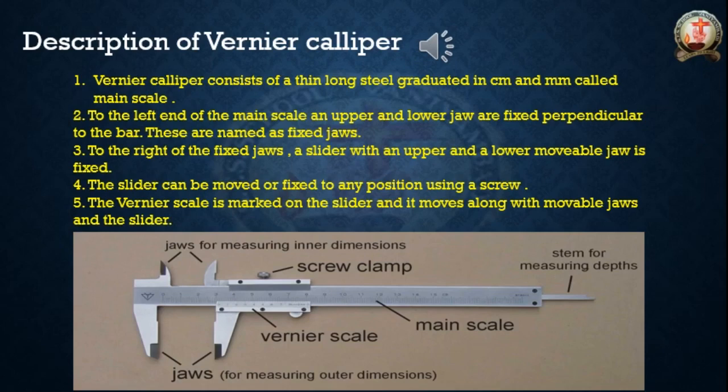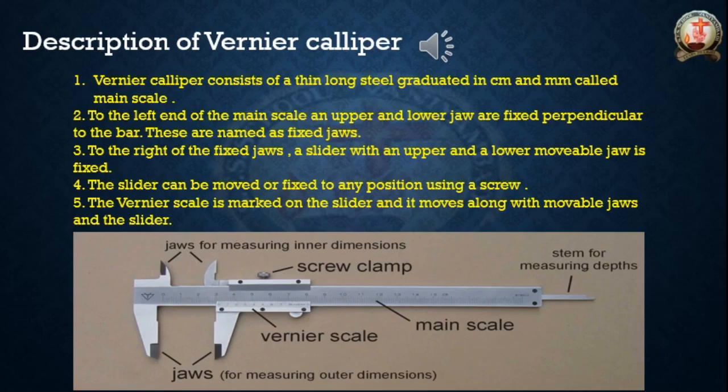Slider. On the downside of the slider, you can observe some readings: 0, 1, 2, 3. Actually it's not clearly visible, but I am telling you, you can remember that is the vernier scale, and the readings are 0, 1, 2, 3, up to 10.